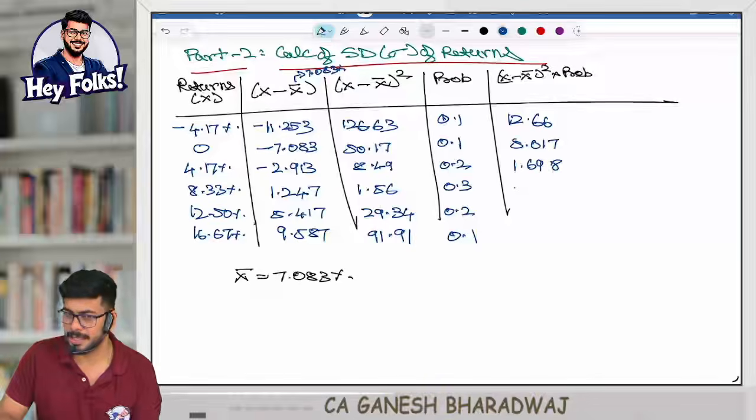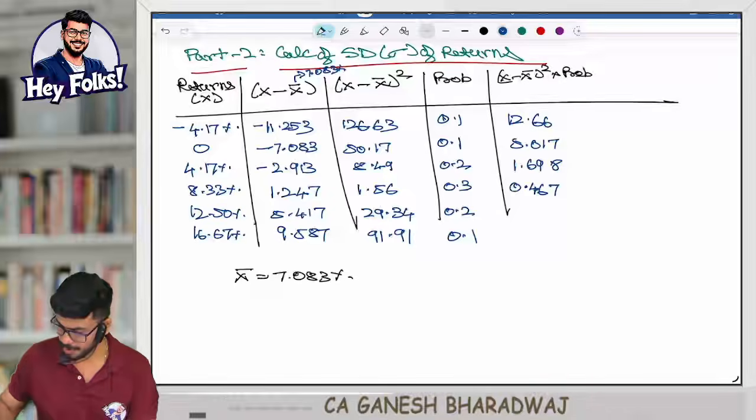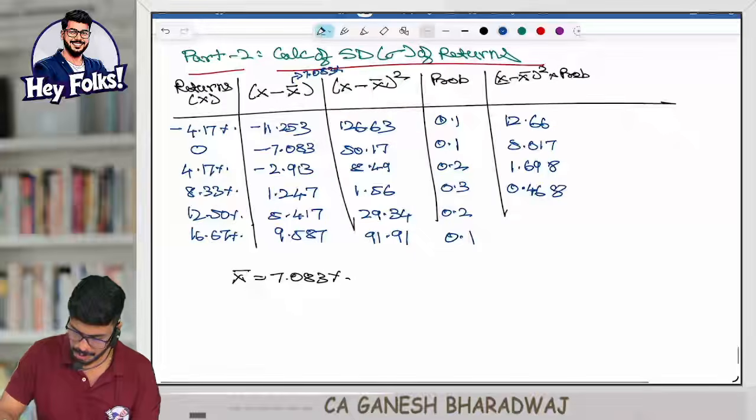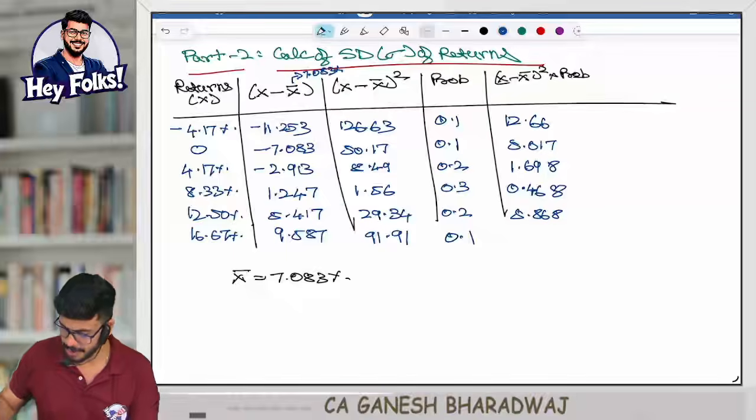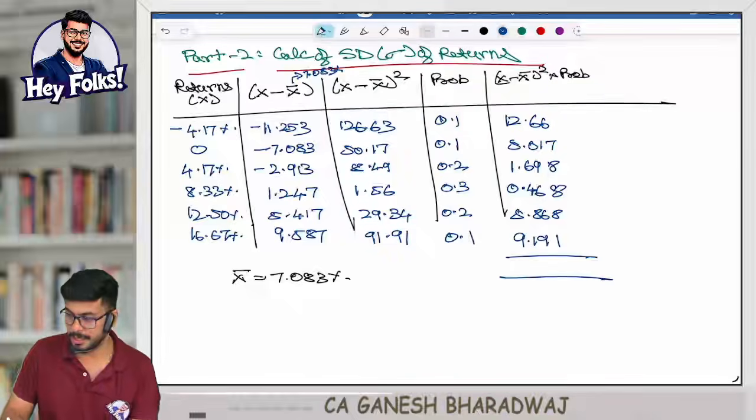You guys are understanding, right? 0.468. Okay, 468, no problem. Come on, next. 29.34 into 0.2, give me the figures. 5.868 roughly. 91.91 into 0.1, just move one decimal here. It becomes 9.191. Total it.